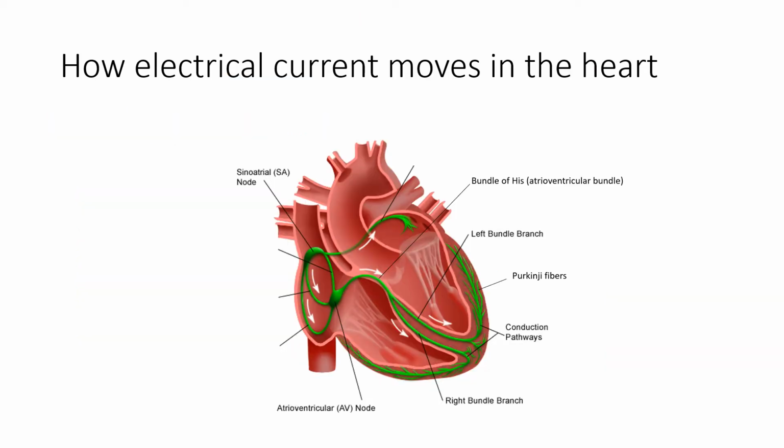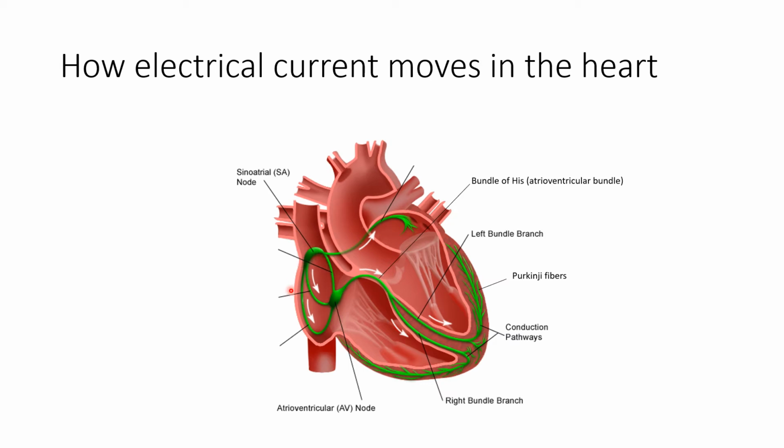So in just a minute, we're going to start talking about ECGs, but before we get into that, I wanted to talk a little bit about how electrical current moves through the heart, because I think it's going to be really important for understanding what you're seeing in an ECG. So what happens is this sinoatrial node. This is where electrical current in the heart originates. These cells produce an electrical current.